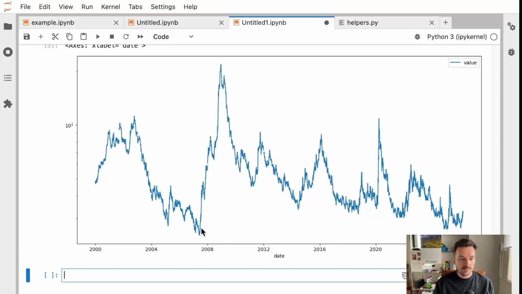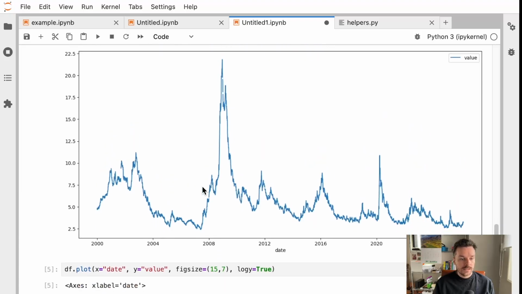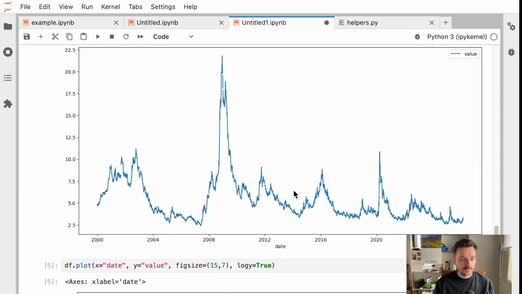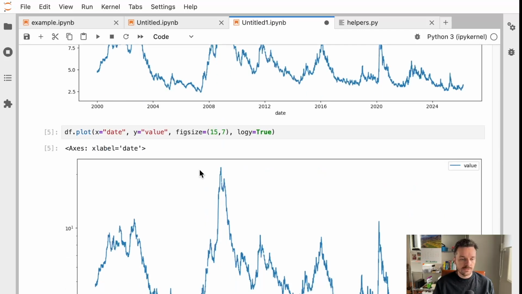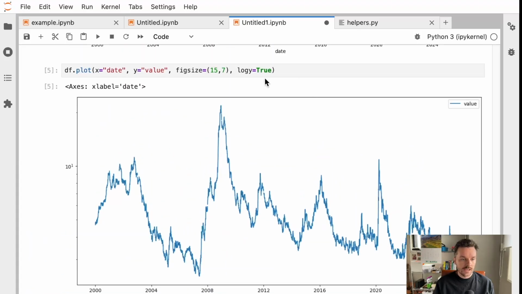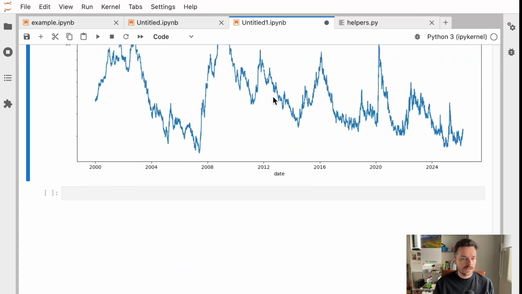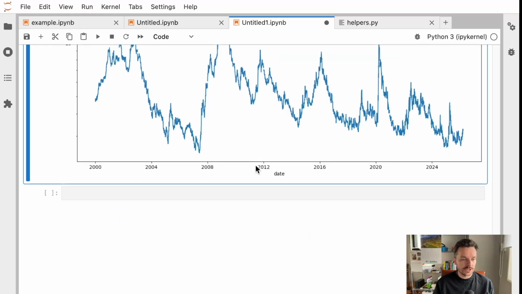So we can see how big of a change, for example, right before the 2008 crash, how quickly this accelerated up into the danger zone, as opposed to this graph where, yes, you see it moving, but it looks almost the same as these other movements, and it's hard to understand exactly the magnitude of the change. And so that's why log scaling is interesting and can help with this information.